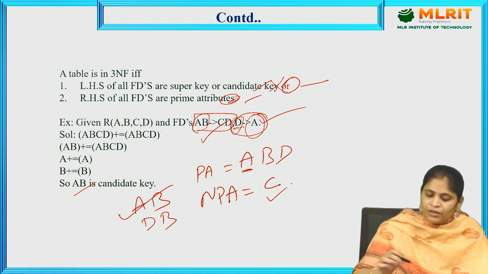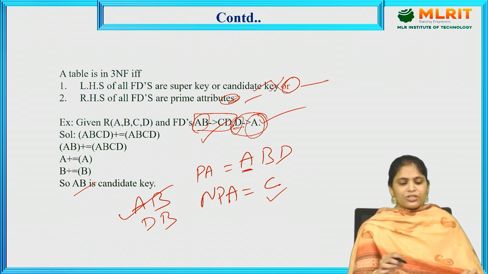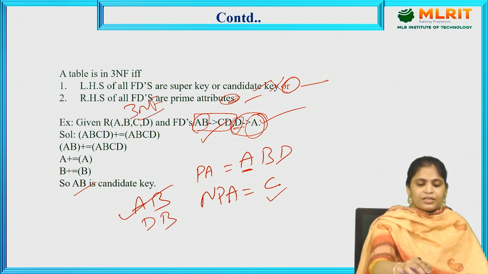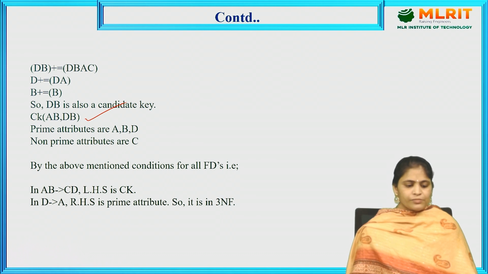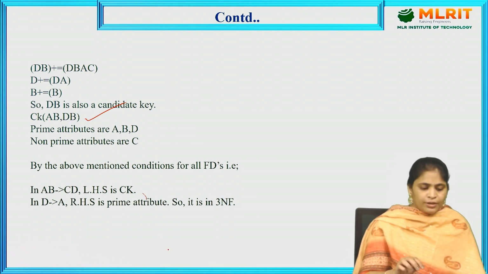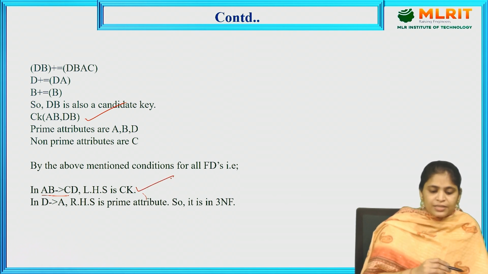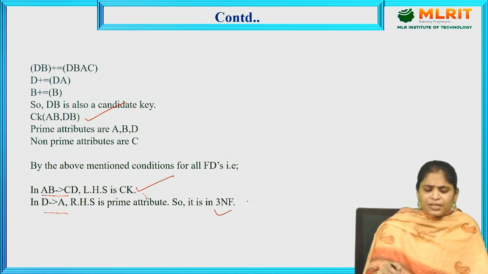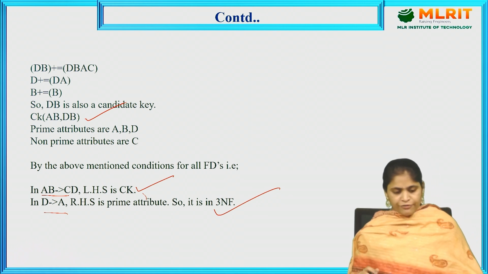Therefore, it is a valid functional dependency. The given relation satisfies 3NF. So, in this functional dependency, LHS is a candidate key, and in this functional dependency, RHS is a prime attribute. So, the given relation is in 3NF. That is what my point.